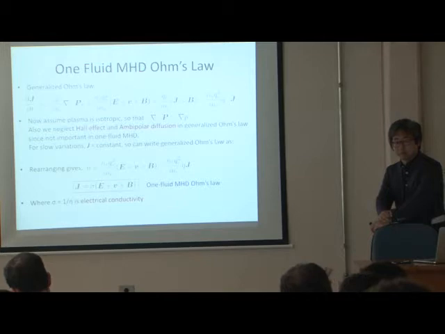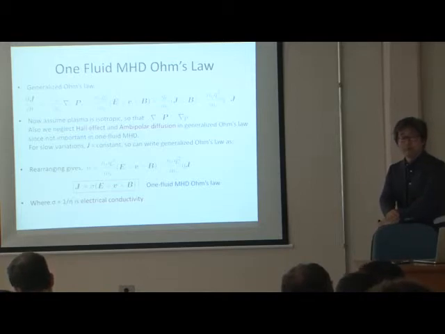In other words, the approximation that the charge density of electrons is equal to the charge density of protons. So if we drop the condition of charge neutrality, this extra term will be there.